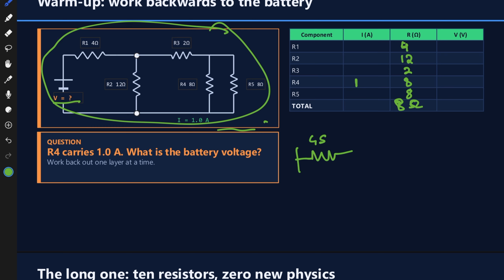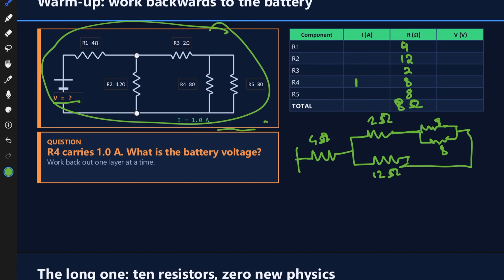the 4 ohm, right? Let me draw the same drawing again. 12 ohm here, 2 ohm here, the same parallel split here of 8 and 8, and then they all connect. Oops, that was a flimsy connection.